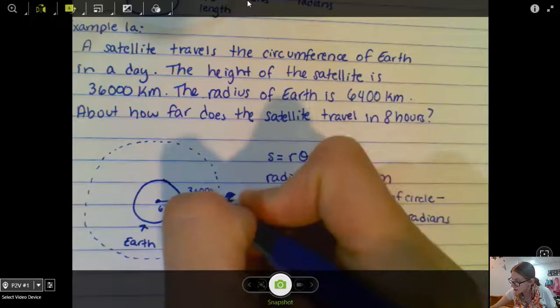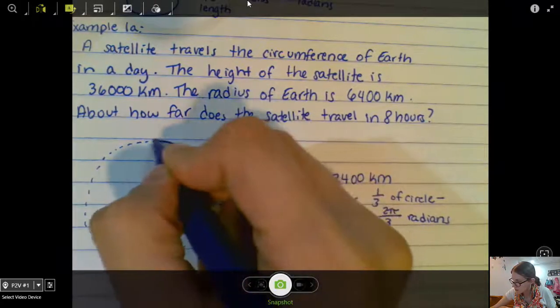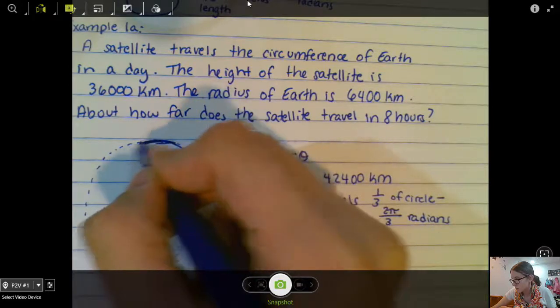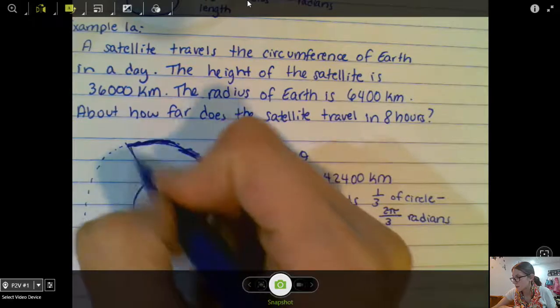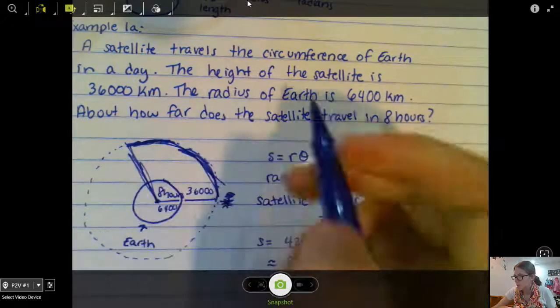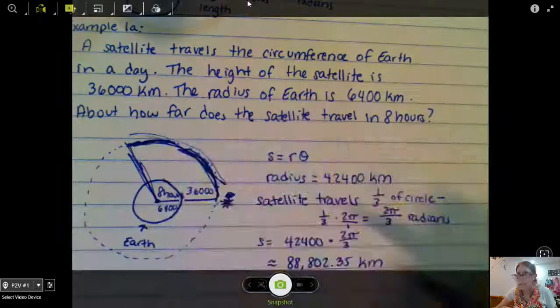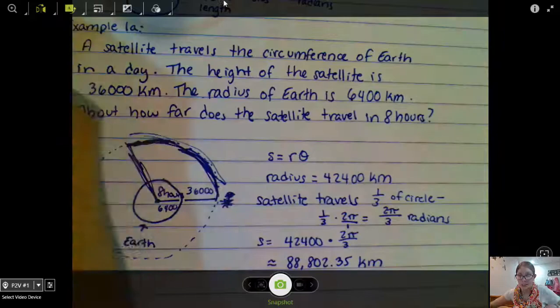So in 8 hours, a third of our circle is probably something like this. In 8 hours, our satellite is traveling 88,802.35 kilometers.